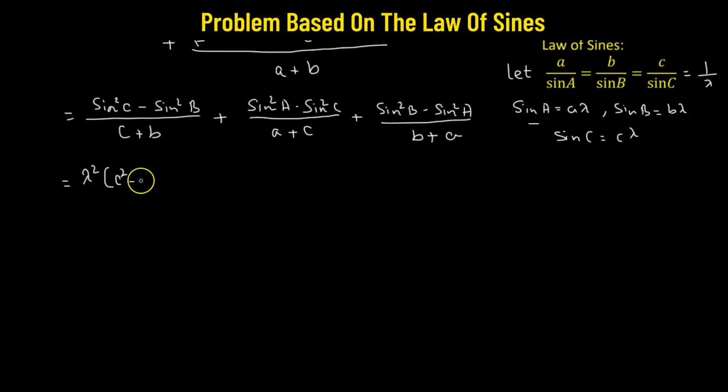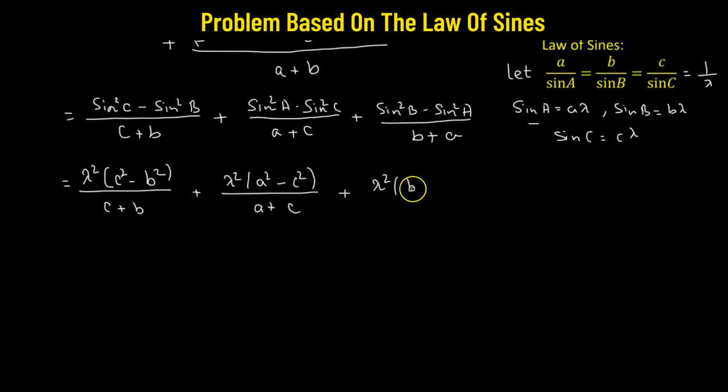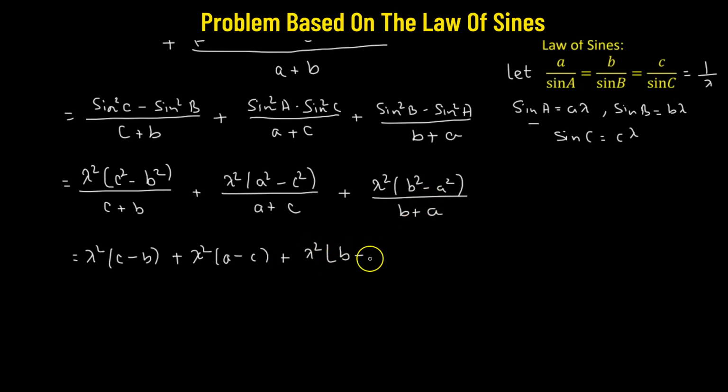So we have lambda squared multiplied by (c squared minus b squared) divided by c plus b, plus lambda squared multiplied by (a squared minus c squared) divided by a plus c. And the third term will be lambda squared multiplied by (b squared minus a squared) divided by b plus a. Now c squared minus b squared over c plus b is simply c minus b, plus lambda squared multiplied by a squared minus c squared over a plus c, that becomes a minus c. And finally, we have b squared minus a squared over b plus a, so that's simply b minus a.